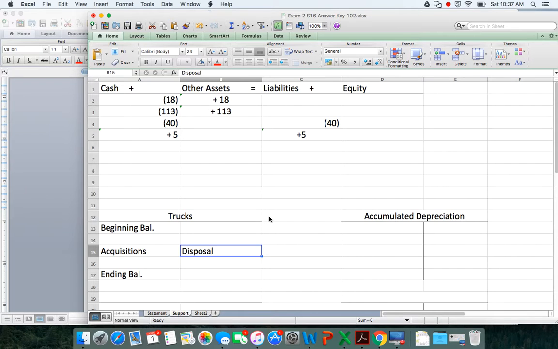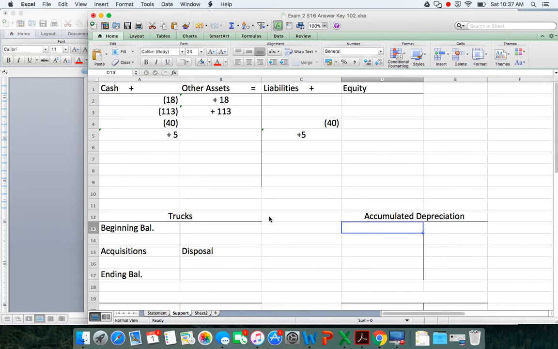Again, I don't want to say selling that asset, because if I'm saying that I'm selling the trucks, that's implying that I'm getting cash for it. I might not have gotten any cash for it. I might have exchanged it for another truck. I might have just been done with it and scrapped it and not gotten any money for it. So disposal covers everything. Could be a sale, could be a scrap, could be an exchange, whatever it is, I have disposed of this asset.